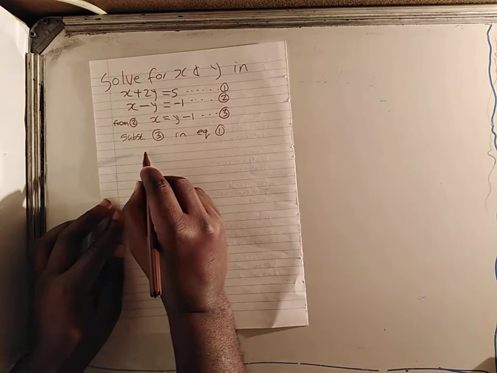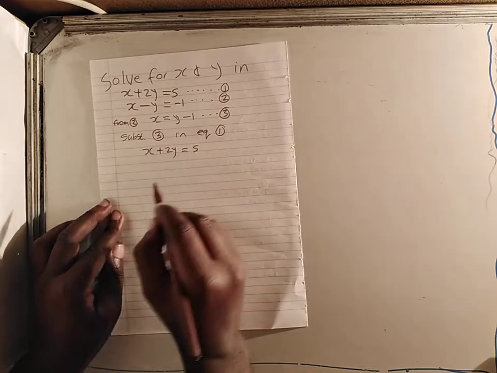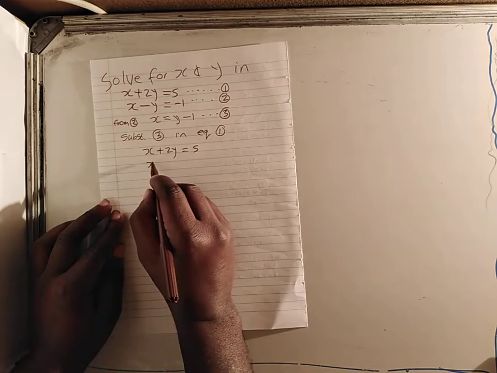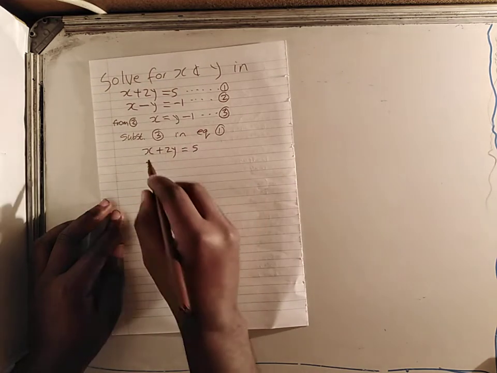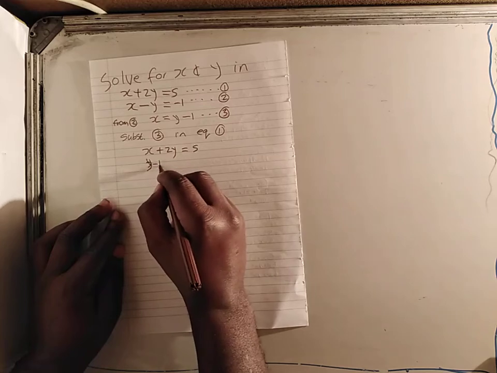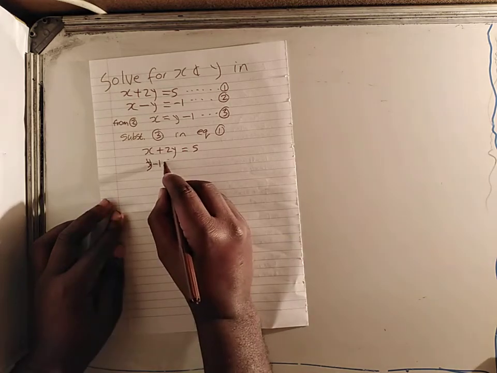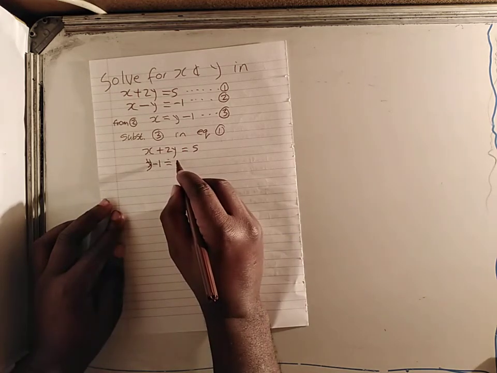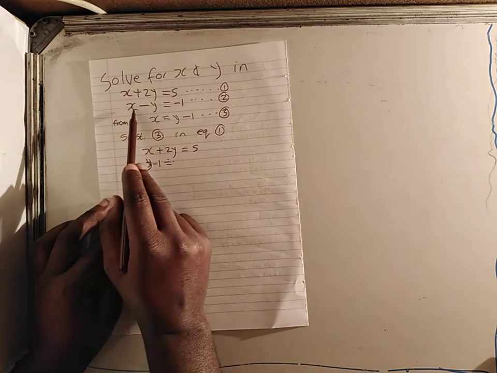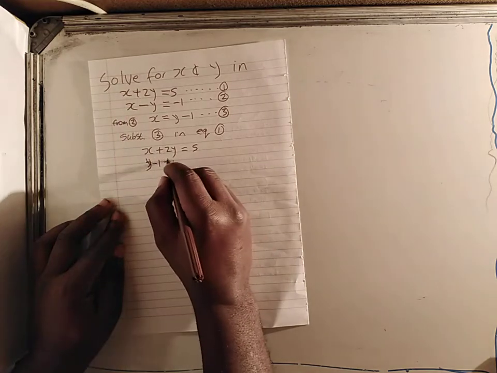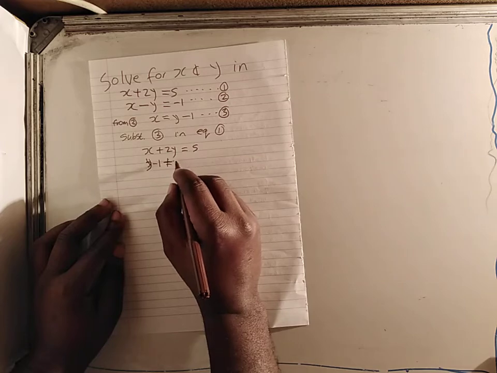I take equation 1 as it is: x plus 2y is equal to 5, and x will then be y minus 1. So y minus 1 in place of x, plus 2y.